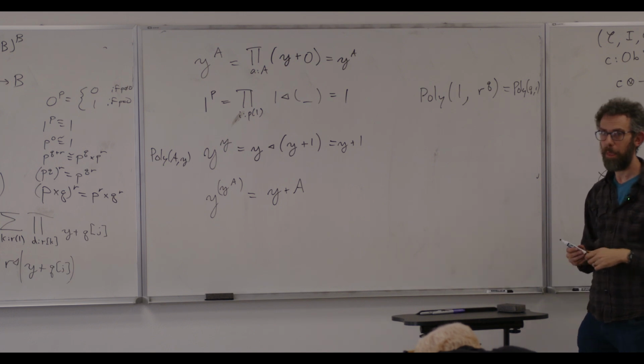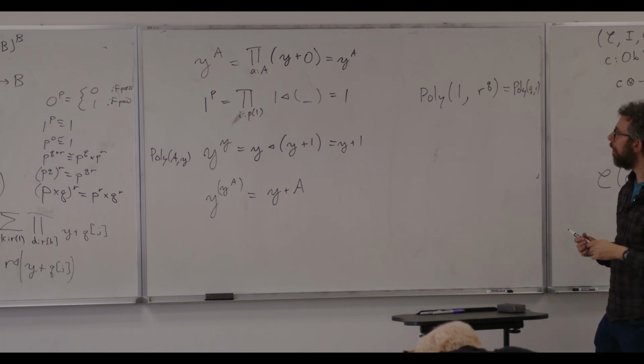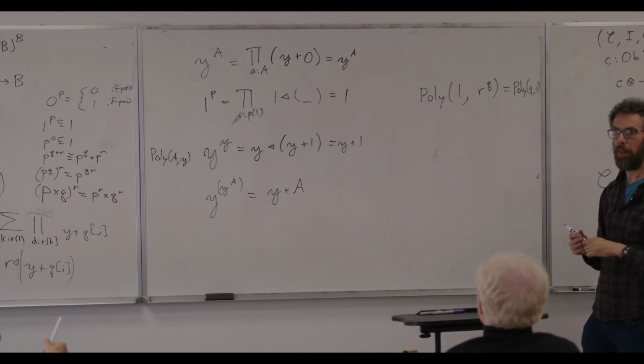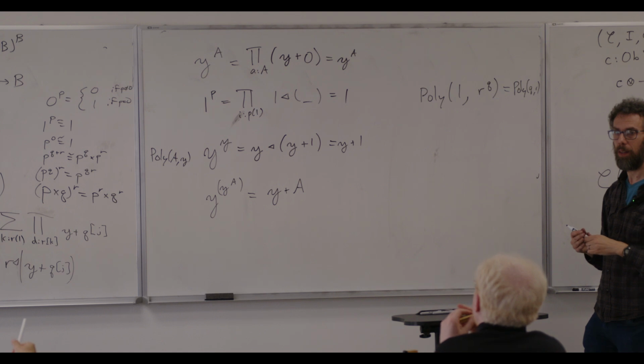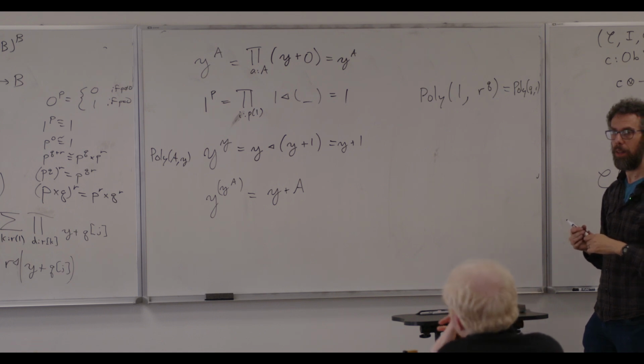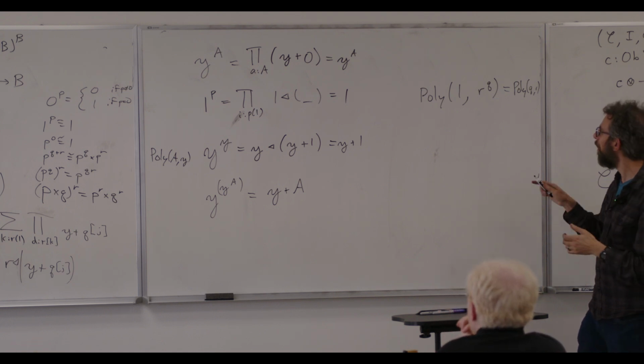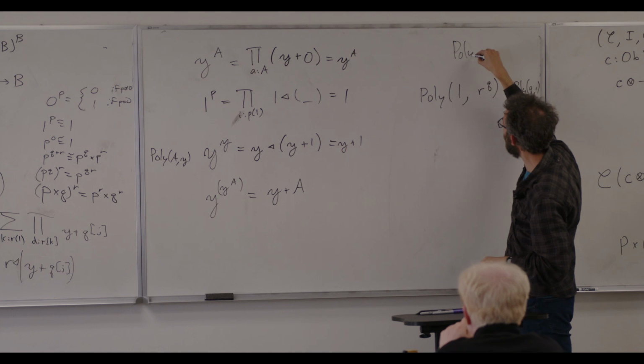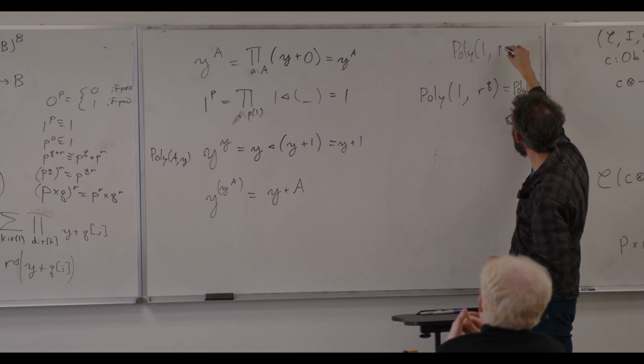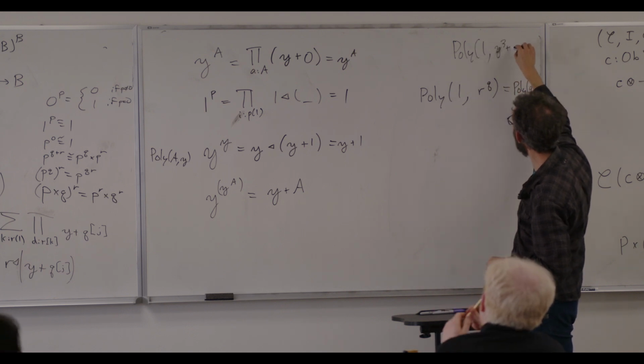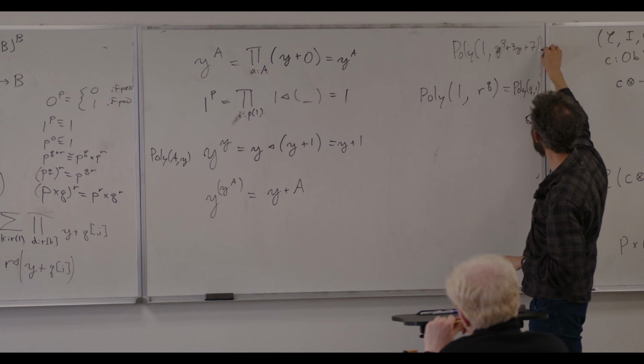What makes me uncomfortable about this is that writing poly 1 to R^Q really wants to be like picking a polynomial. As if, what are the poly maps from 1 to y cubed plus 3y plus 7?